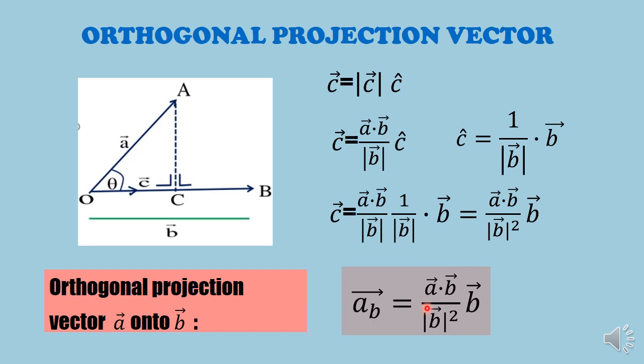You notice the difference between the orthogonal projection vector and the scalar projection is the denominator.